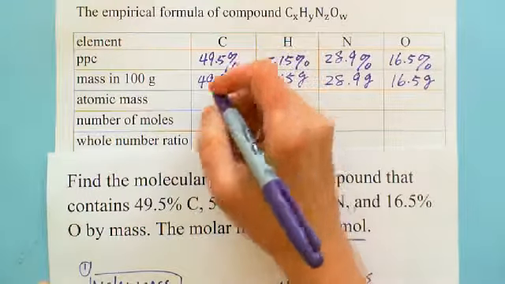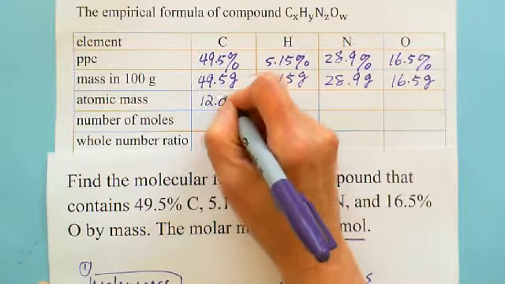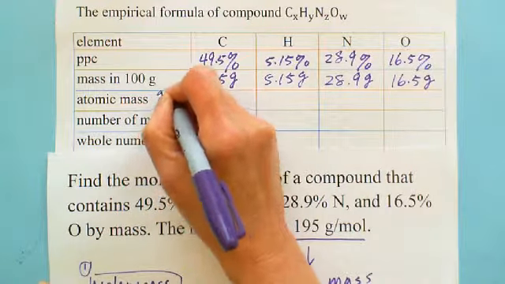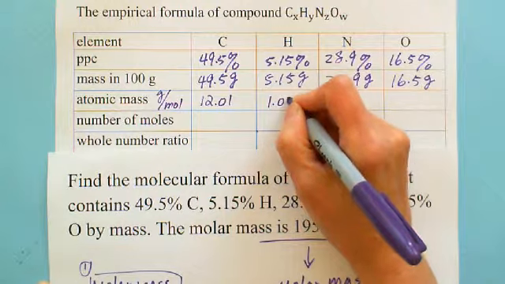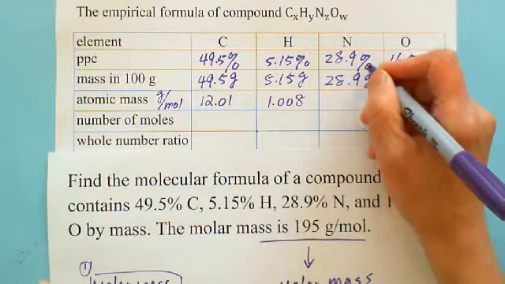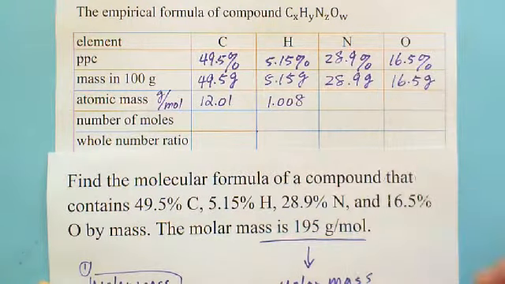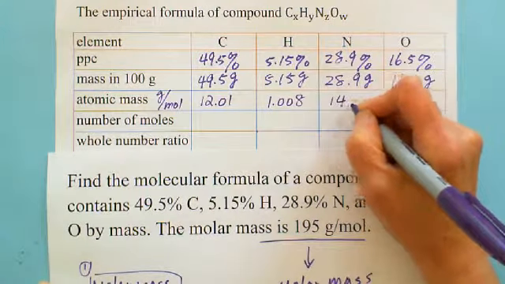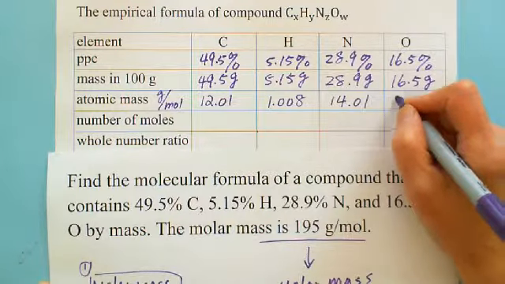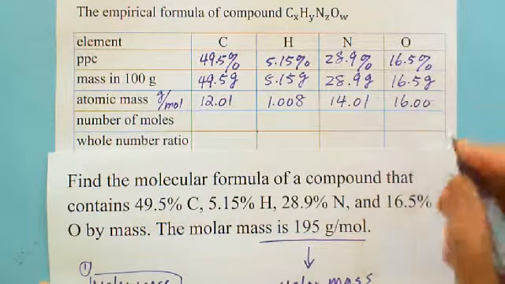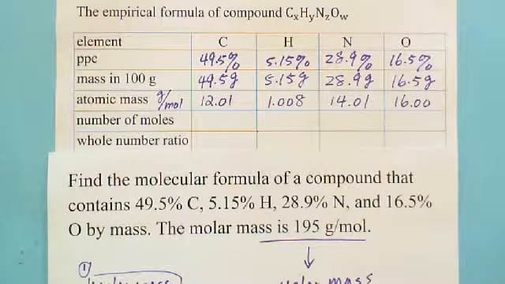The molar mass for carbon is 12.01 grams per mole. Hydrogen is 1.008. Nitrogen is 14.01, and oxygen is 16.00.